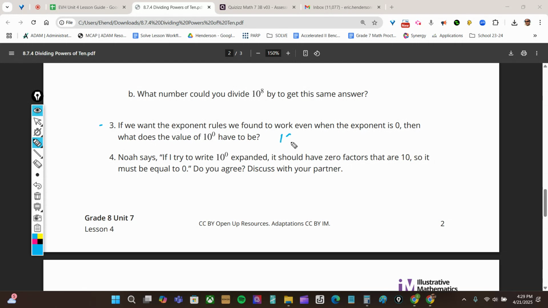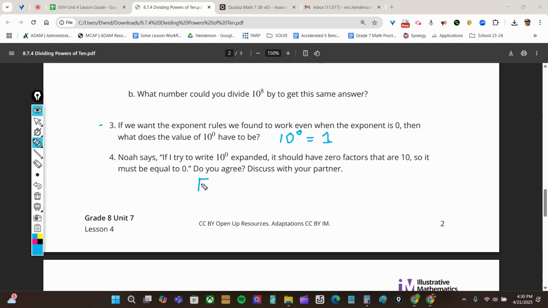So 10 to the 0 has to be, again, 1, for everything to work. Noah says if you try to write 10 to the 0 expanded, it should have 0 factors that are 10, so it must be equal to 0. Do you agree? Pause it in class and you can discuss it with your partner.